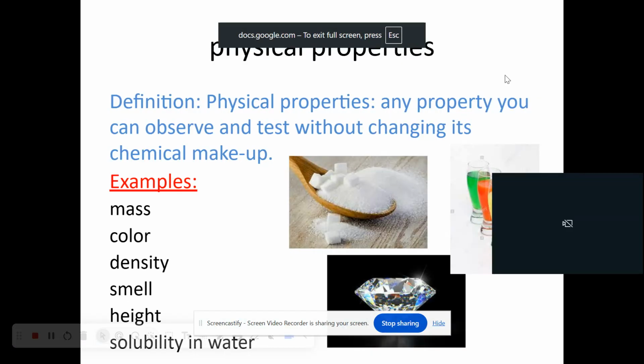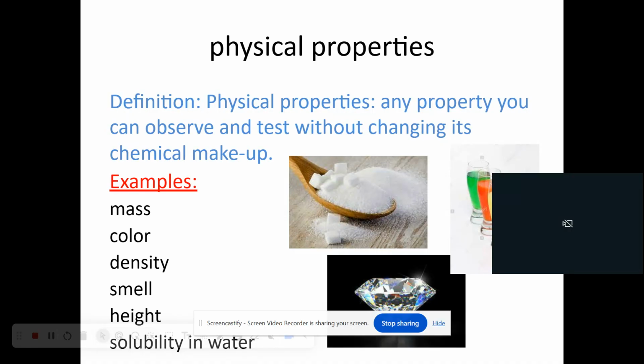Alright, y'all. We're going to do a quick lesson on chemical and physical properties, starting with physical properties. First, the definition. Any property you can observe without changing a substance's chemical makeup is what we would call a physical property.